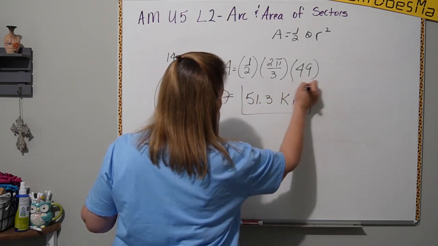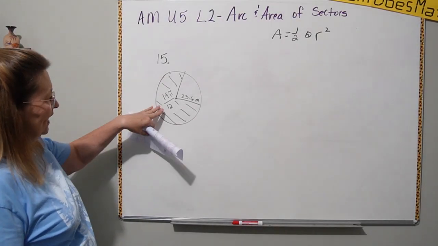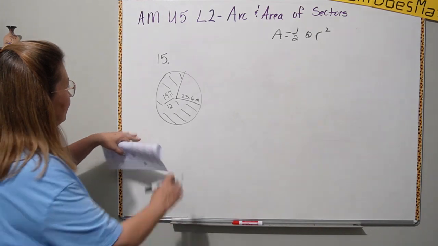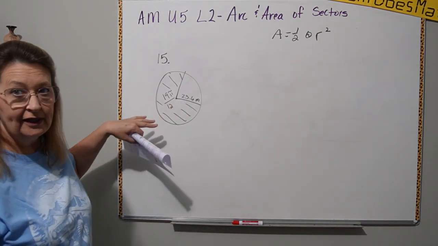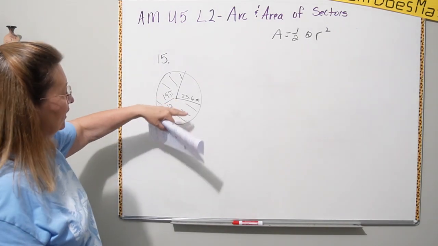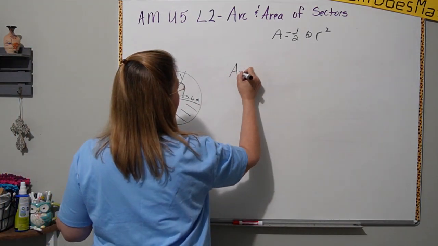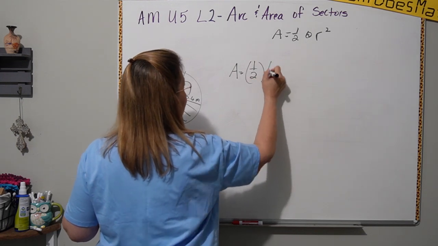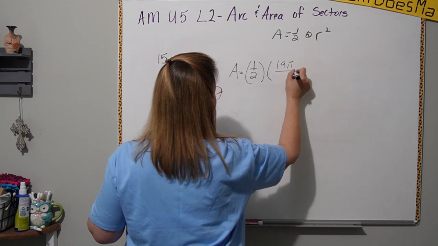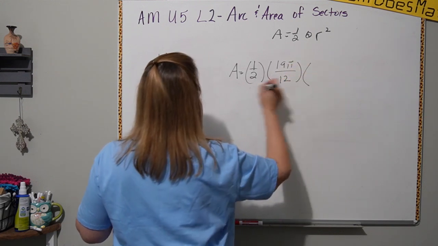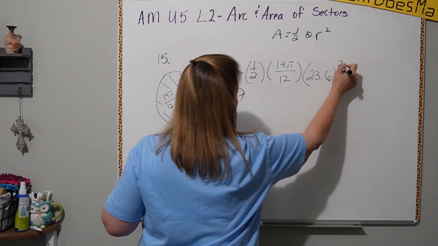Okay, for number 15, we have an angle measure of 19 pi over 12, which is already in radians, so we don't have to convert. And then we have a radius of 23.6. So if I use my formula, area is 1/2 times my theta, 19 pi over 12, times my radius, 23.6 squared.